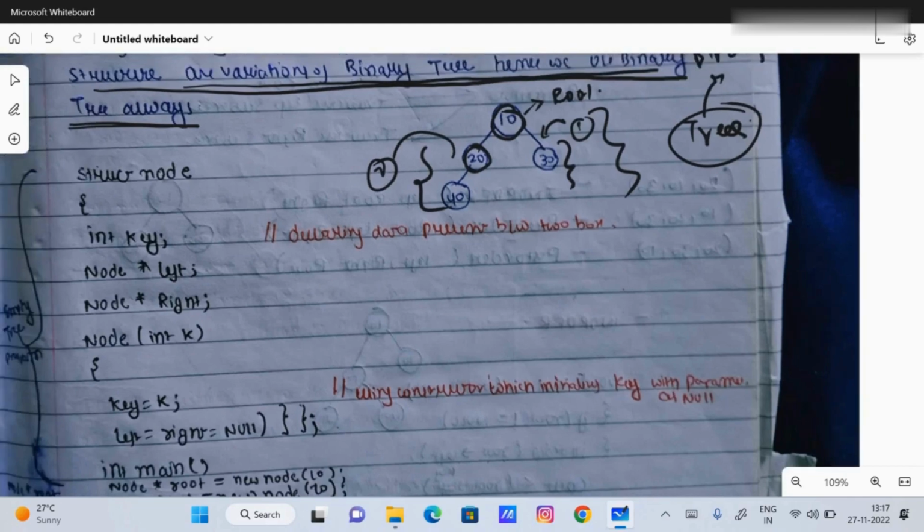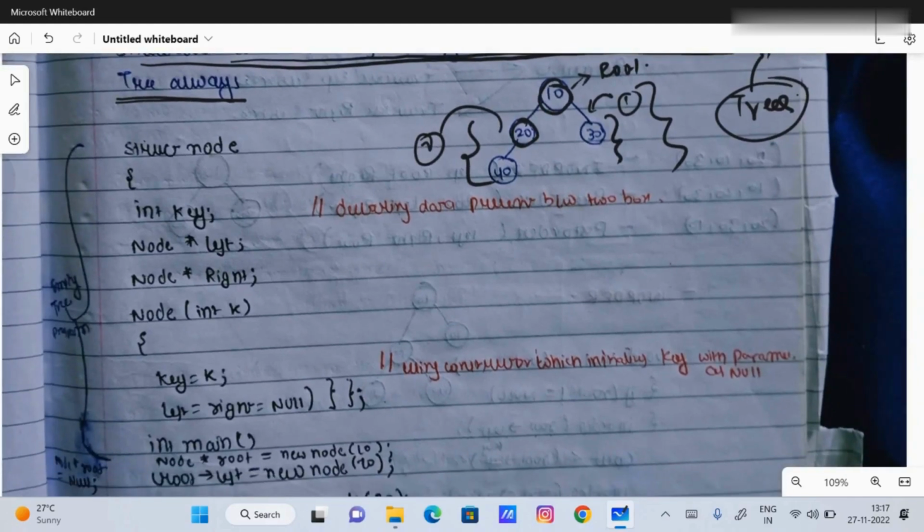Now we are writing an algo in order to create this structure. First we are taking a struct node here, and this is the basic representation of a structure.